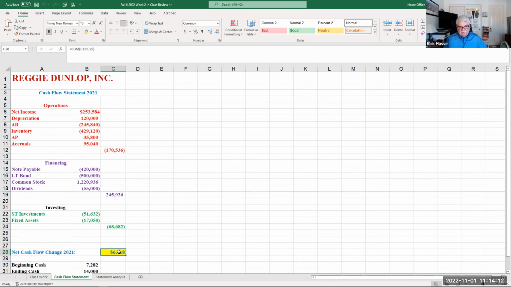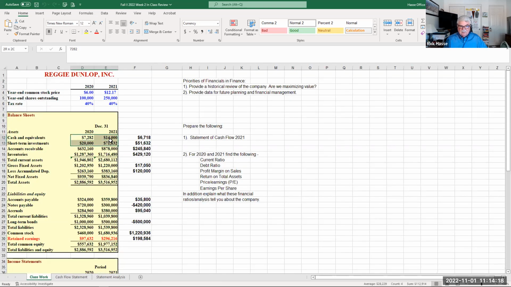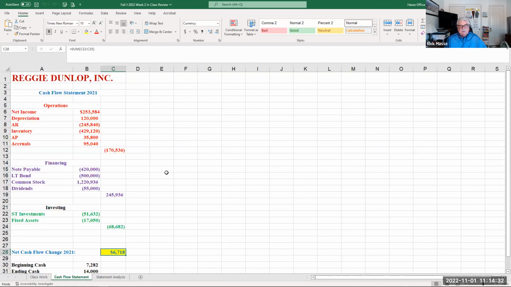Notice the net of this is $6,718. If I go to the balance sheet, and golly, the cash and cash equivalents line on the balance sheet have increased from 2020 to 2021, $6,718. The cash flow statement tells us where the money came in and where did it go out for the company.